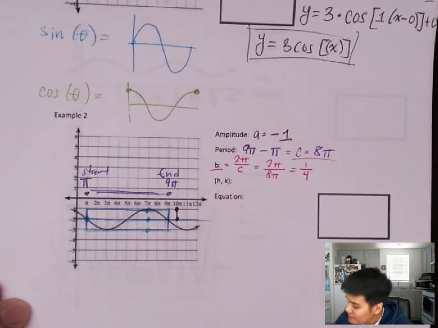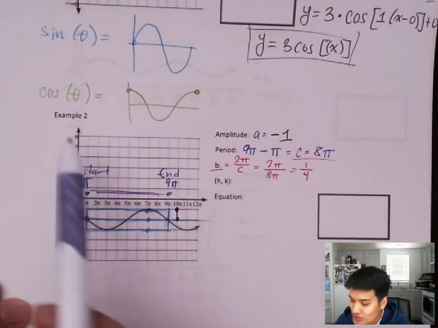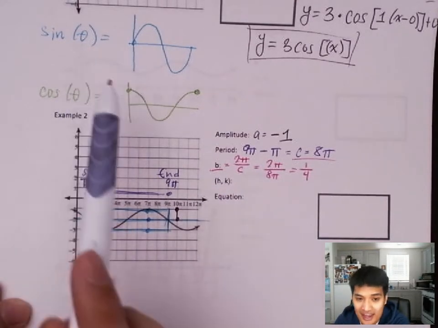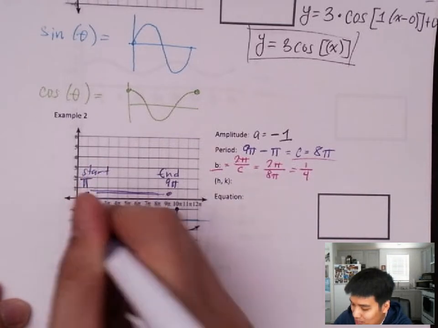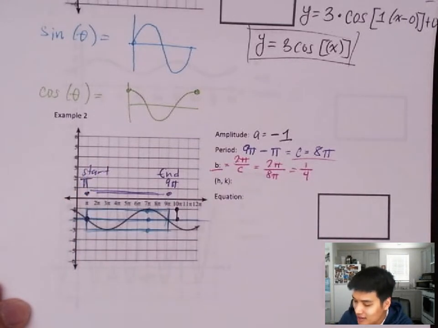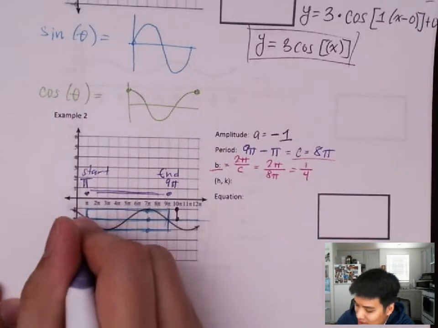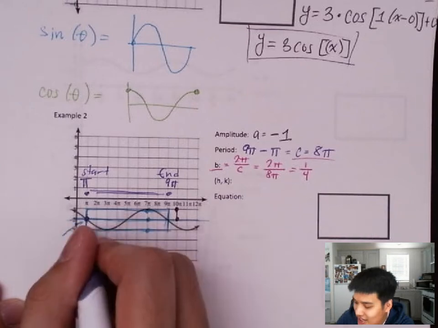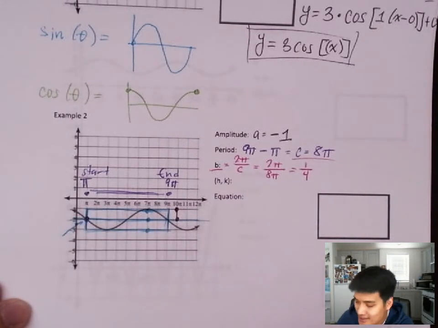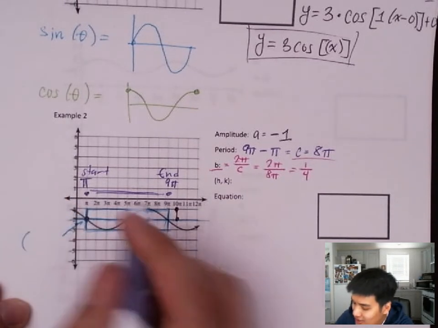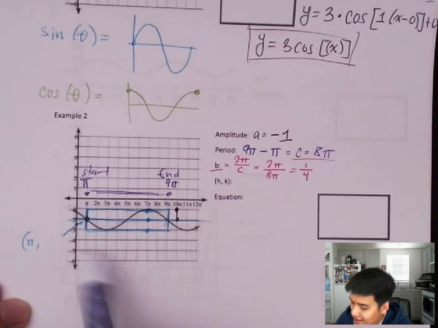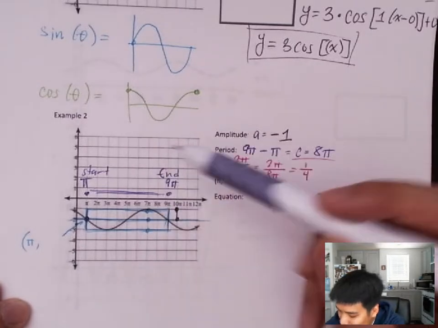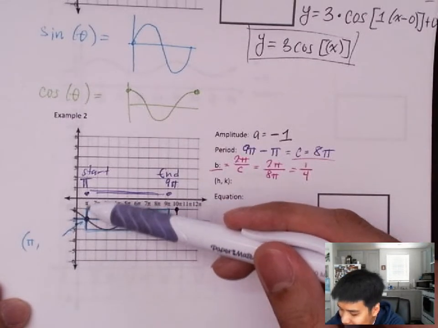And h, similar to cosine, the h and k, the locator point, is always going to be on the midline here. So if our midline is right over here, and it intersects where our starting point is, our h value is the x value, which is at pi, and the k value is where along the y-axis our midline is.